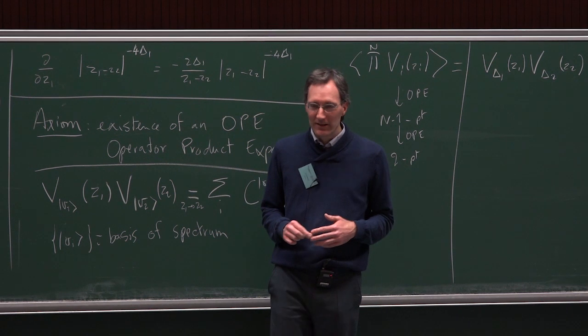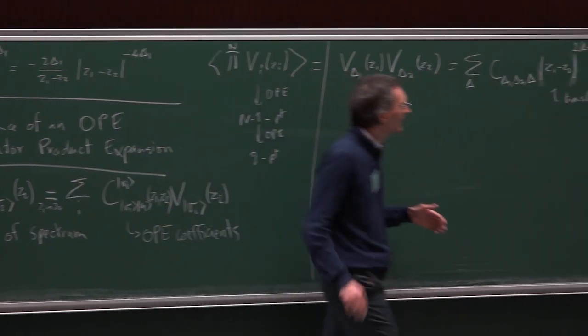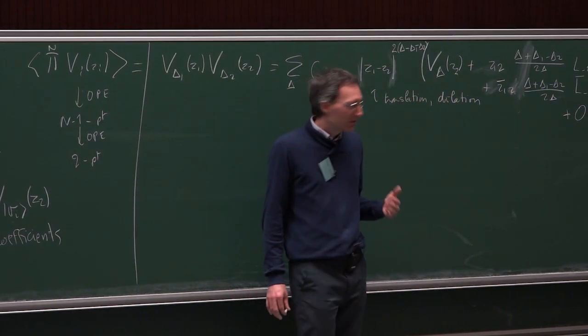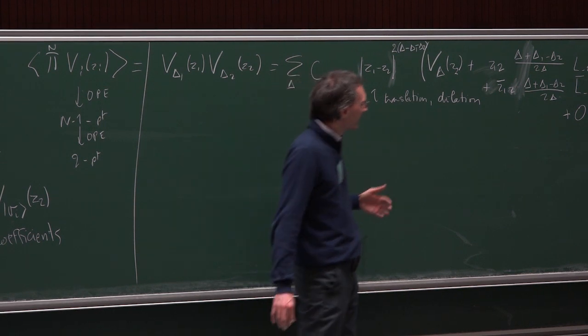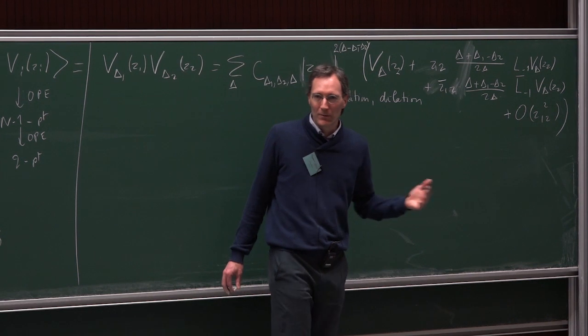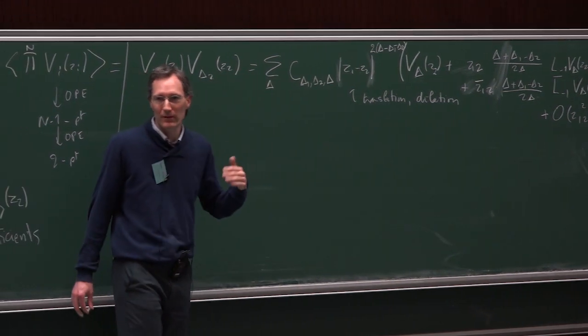Yes, so indeed you want to insert it into a 3-point function to constrain the form of this sum. You can do that. It's not the simplest way of constraining it. Actually, I want to insert it into a 3-point function to determine this quantity, to relate this quantity to the 3-point function.